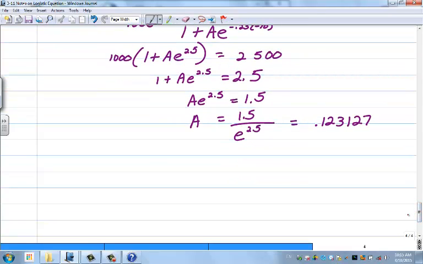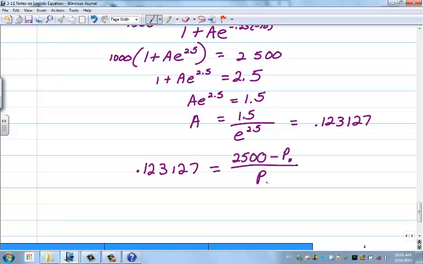Well, A is the initial value for this function, right? So if we plug in here now, we are going to say A, 0.123127, is equal to 2500 minus the population at time 0, divided by the population at time 0.